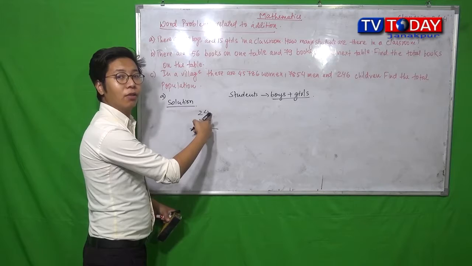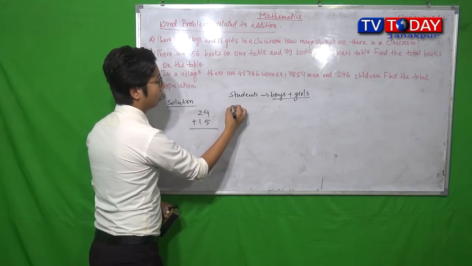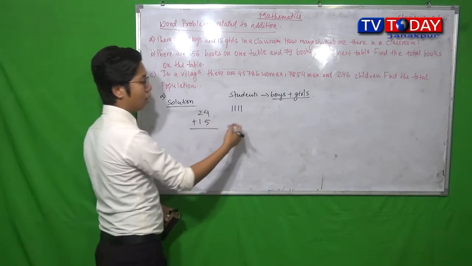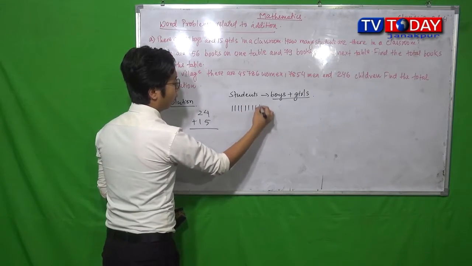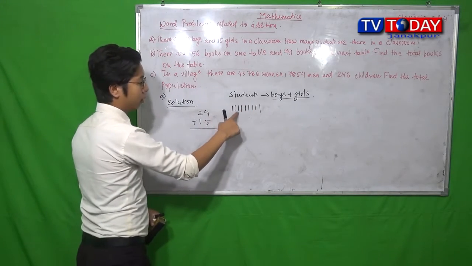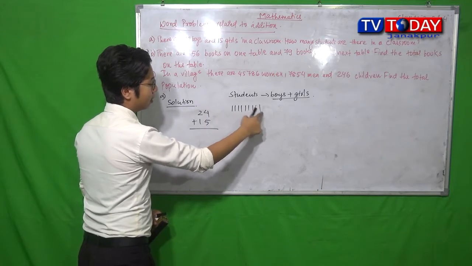Which number is here? 4. So you have to draw 4 sticks: 1, 2, 3, 4. Which number is here? 5. So you have to draw 1, 2, 3, 4, 5 sticks. Now count them: 1, 2, 3, 4, 5, 6, 7, 8, 9.